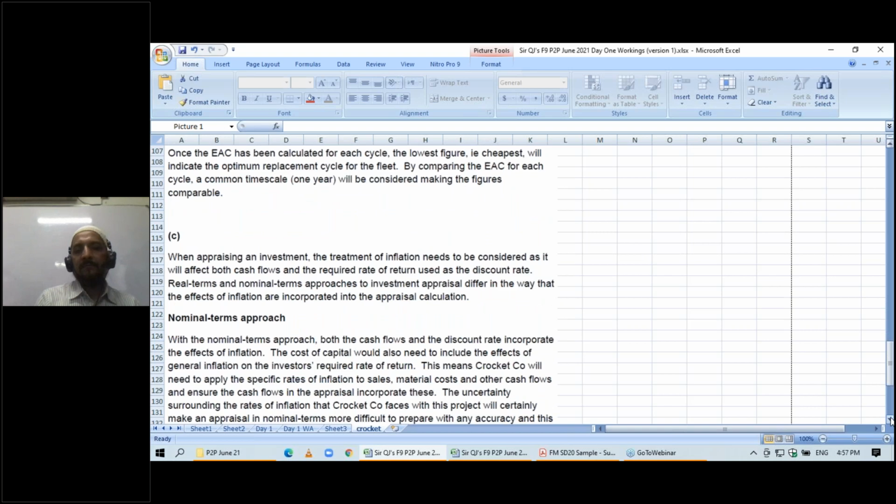Then requirement C. This also we discussed in the previous class, the nominal rate approach and the real rate approach. Money cash flows to be discounted by money rate and real cash flows by real rate. Real cash flows do not involve inflation.